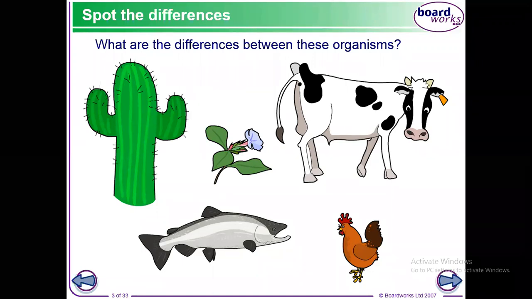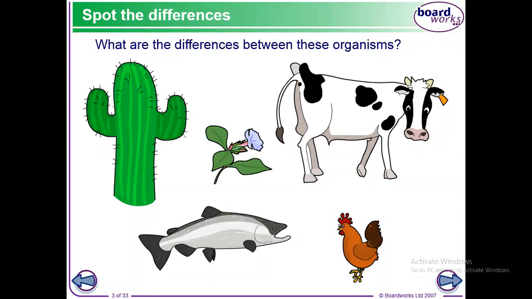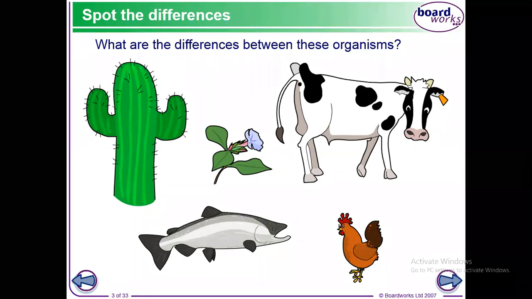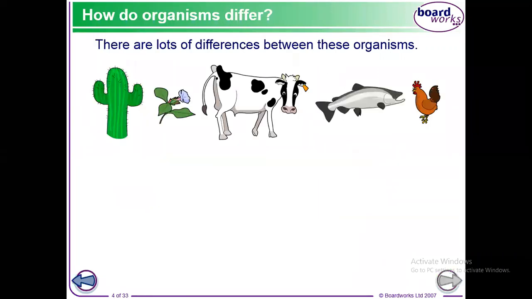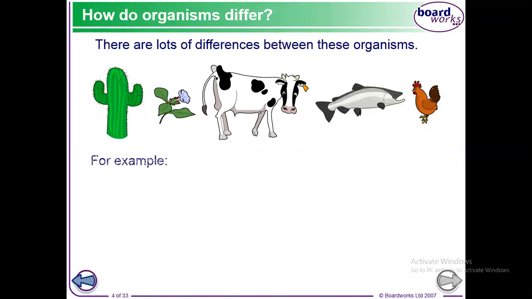To make it a lot easier for us to study them, scientists have had to group them, to put them in different groups. So it will be a lot easier for us to learn about them, to know the differences between them, and to study them. Okay, so there are lots of differences between these organisms.